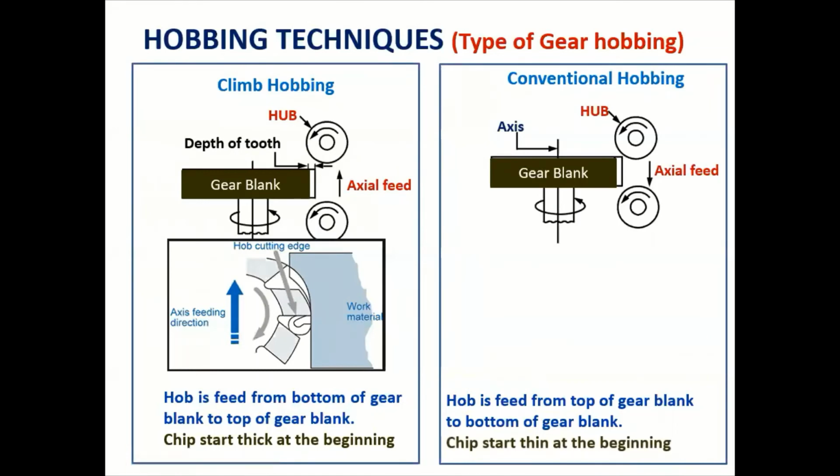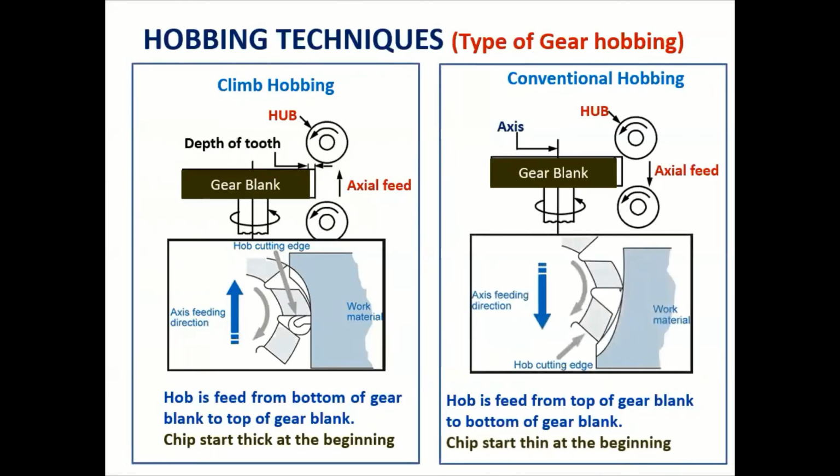The chip starts thin at the beginning. Again I will show you on the sketch: at the beginning the chip formation is very thin and it goes on increasing. You can see this is the thick chip we removed. So this is the basic difference between climb hobbing and conventional hobbing.